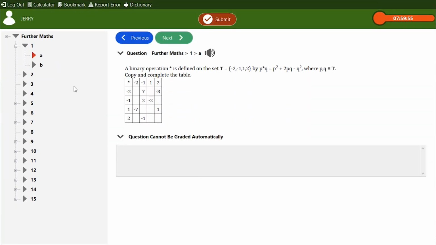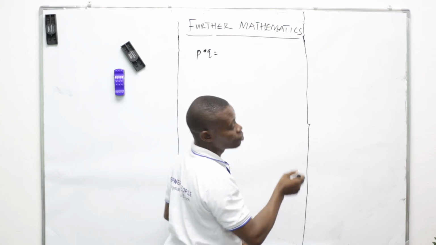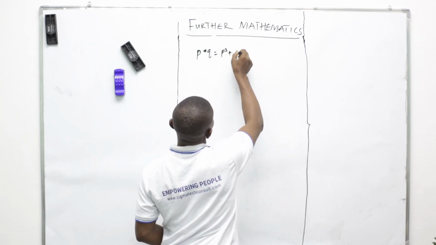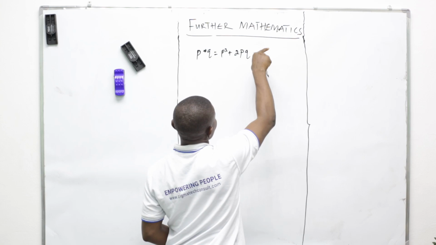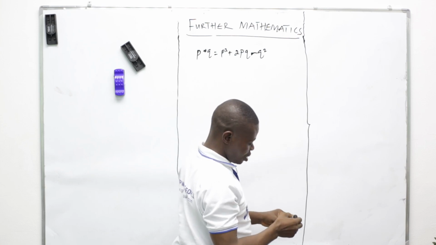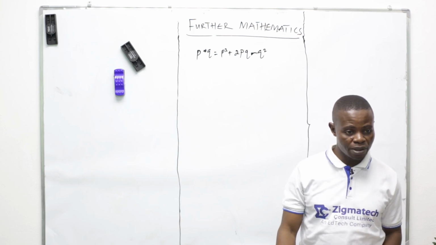A binary operation is defined on the set T by P operating on Q equals P square plus 2PQ minus Q square, where P, Q are elements of T. Copy and complete the table.